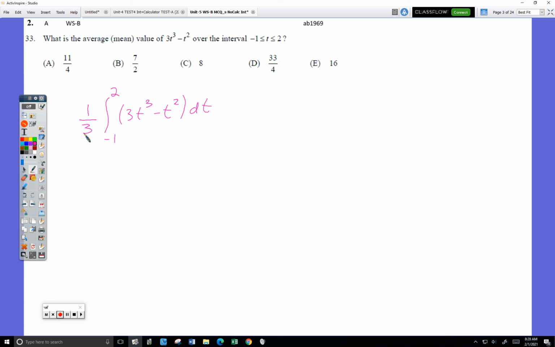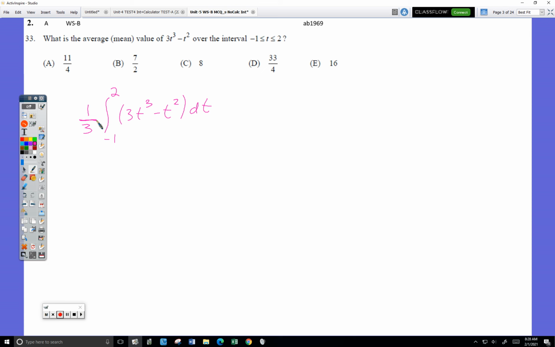So 3 subtract -1 is 4. This integral covers a span of 4, therefore we must multiply by 1 over 4. Questions? All I've done so far is remember unit 4. If this were the calculator section, I would simply pick up my calculator, type it in, done.